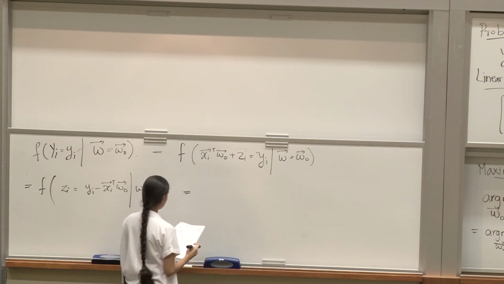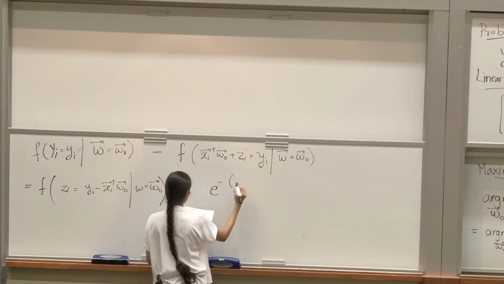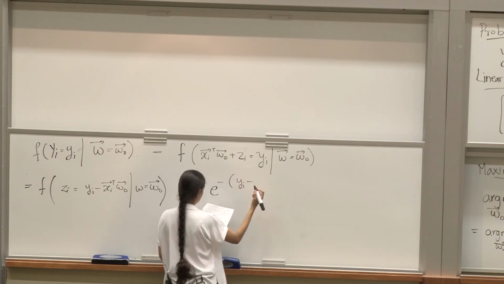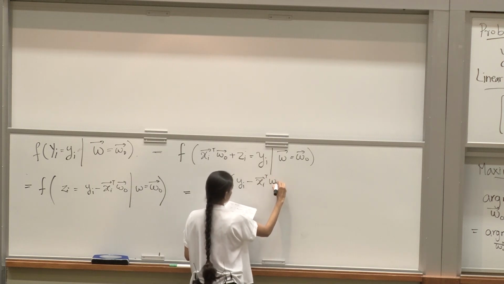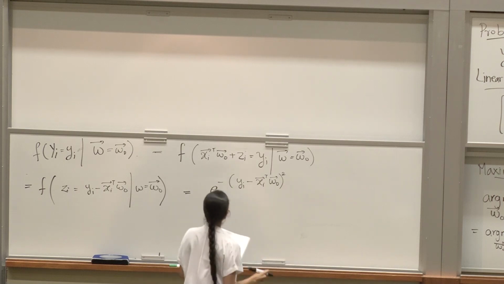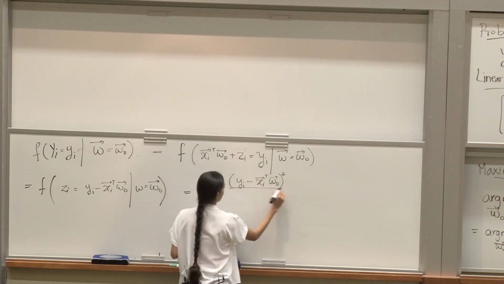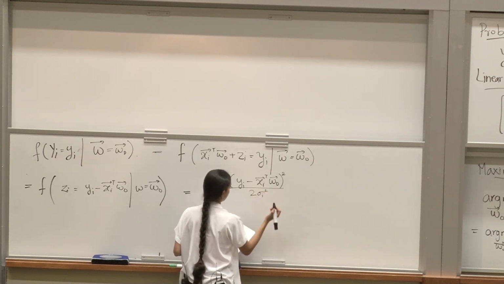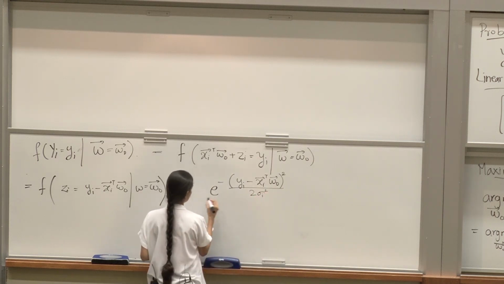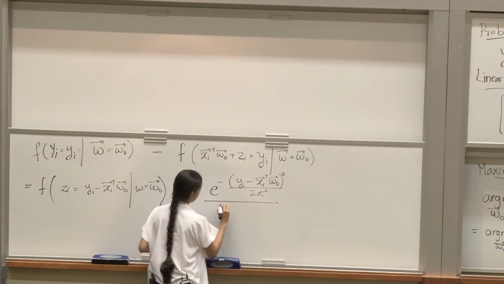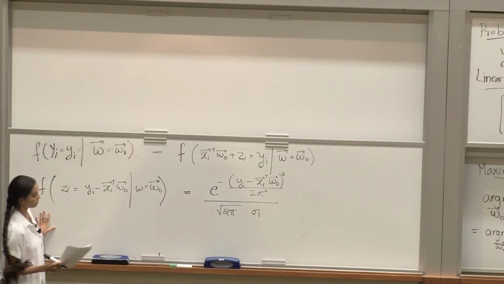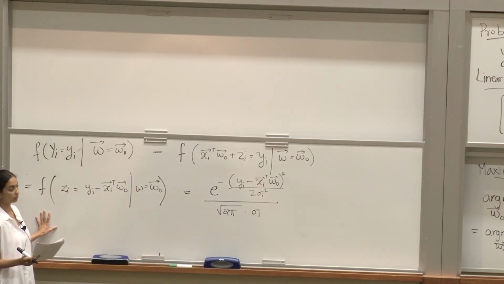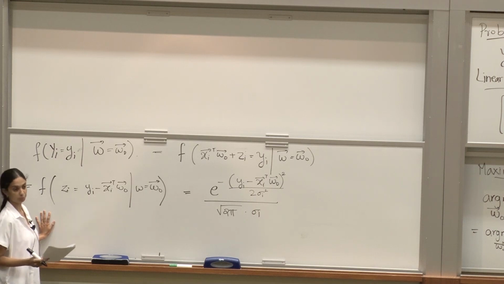I can just use the formula for the Gaussian density. So this is e to the negative yi minus xi transpose w naught, whole squared, divided by 2 sigma i squared, divided by square root 2 pi sigma i. Okay? We good here? Just plug and chug.